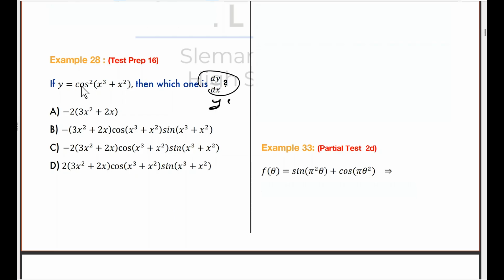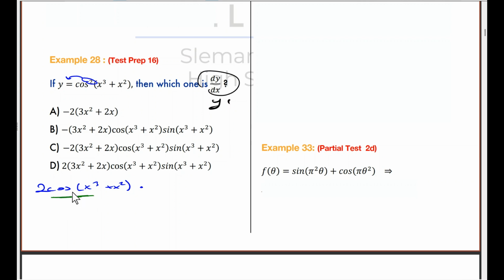If there is a power of the function, the first thing to do is getting rid of the power. So bring the power down in front. The power is 2. Bring the power down in front. So it's 2 cosine. Reduce the power by 1. It's 1. x cubed plus x squared. I am not done. I will continue with derivative of the base.